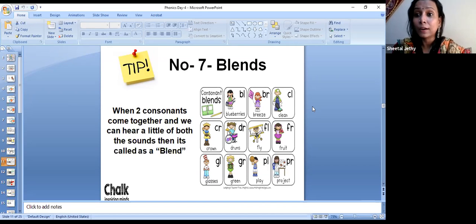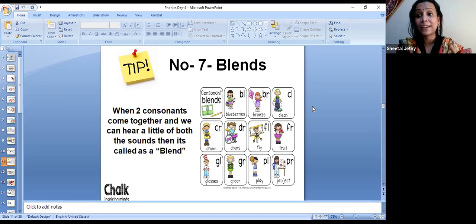BL, blur. You can hear both the sounds together. BR, br. CL, cl. Right? These are very common. The chart which you see at this end shows very commonly used blends, which the children start learning in the day-to-day words which they make.